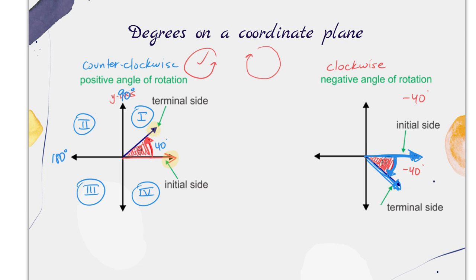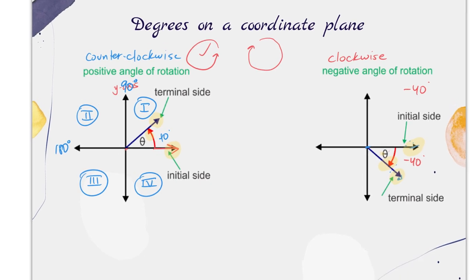And the second thing is your rotation is going to have to be there. You're going to have to show me, how did my rotation go? In what direction? The arrowhead will show me the rotation. Okay, so I'm going to want to see these features when you guys graph something for me: the initial side, the rotation of the angle. I would definitely want you to show me that.